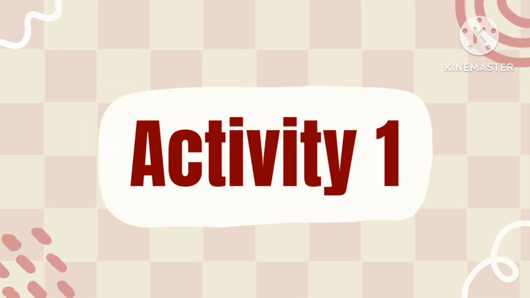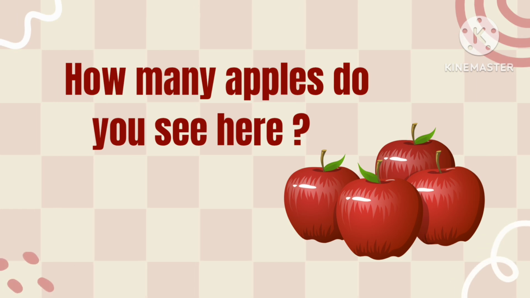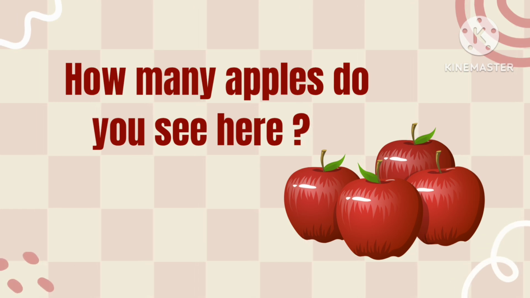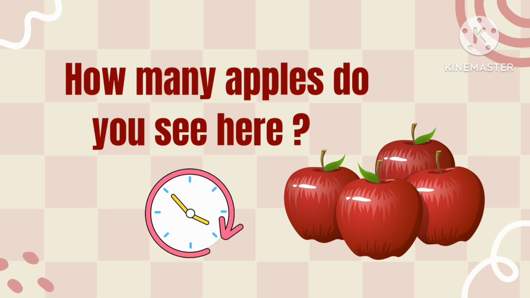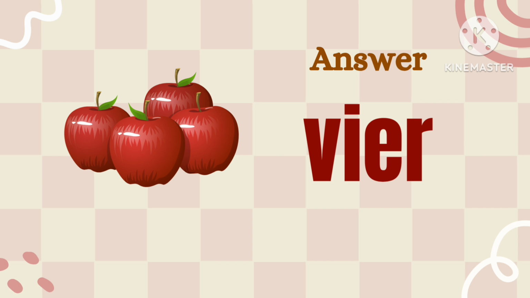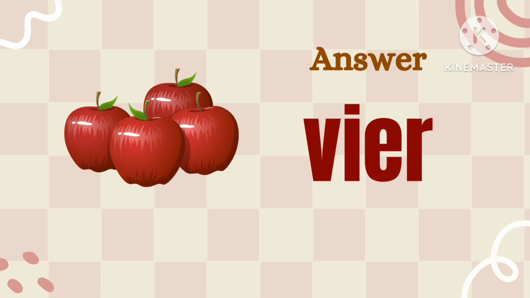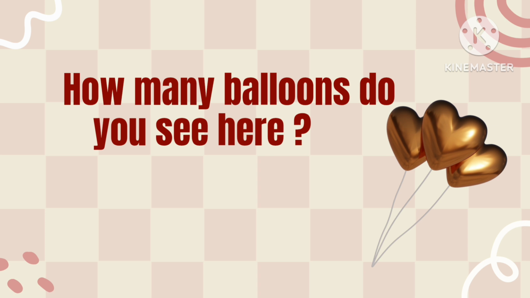Activity 1. How many apples do you see here? Answer is vier. How many balloons do you see here?